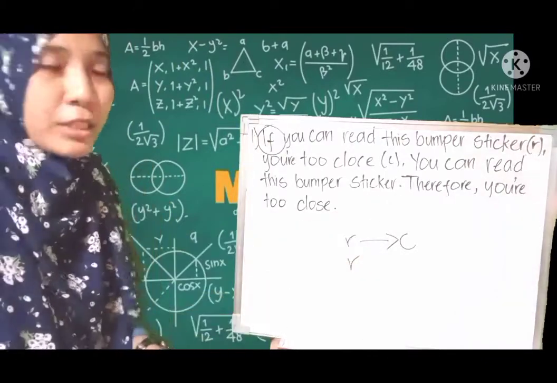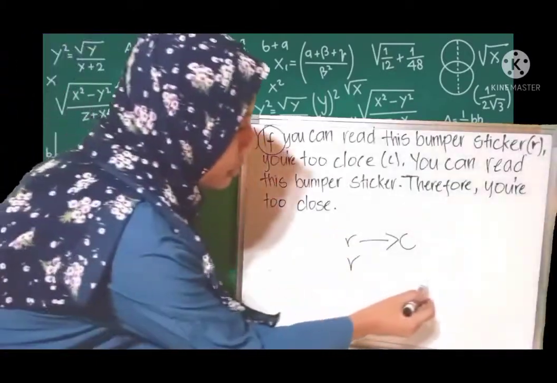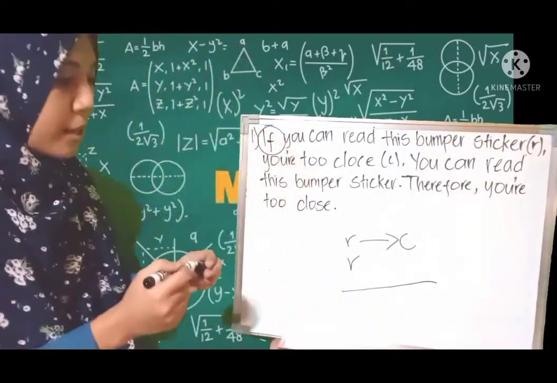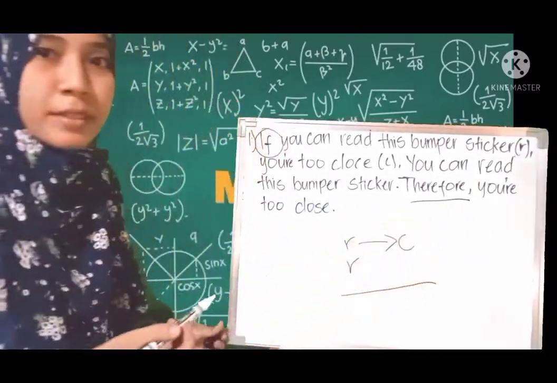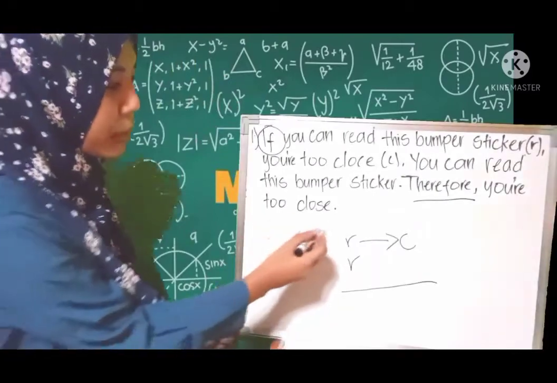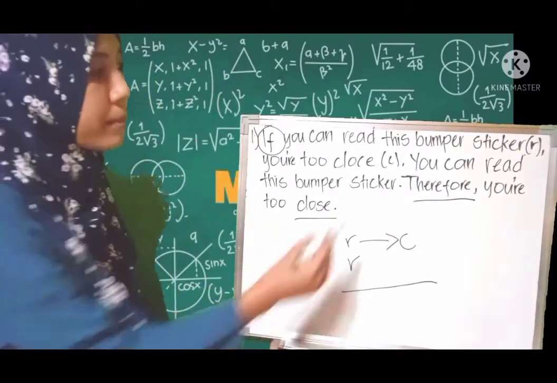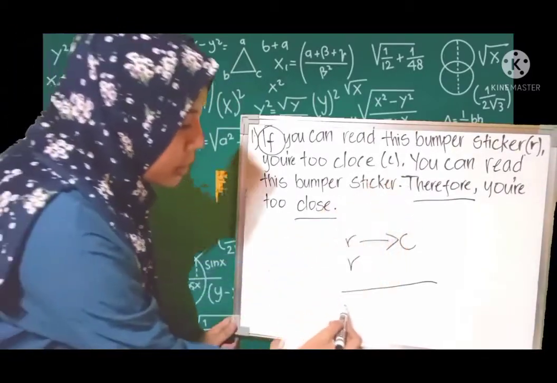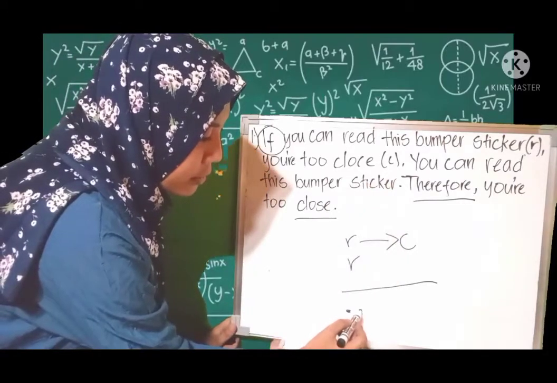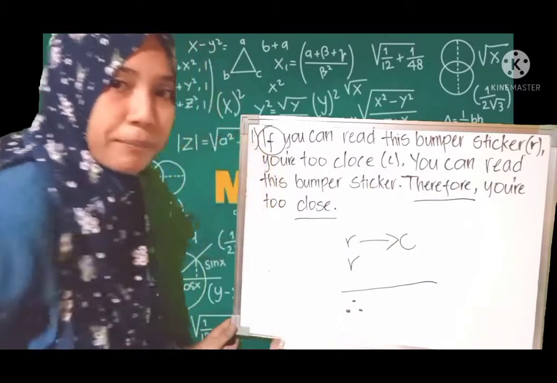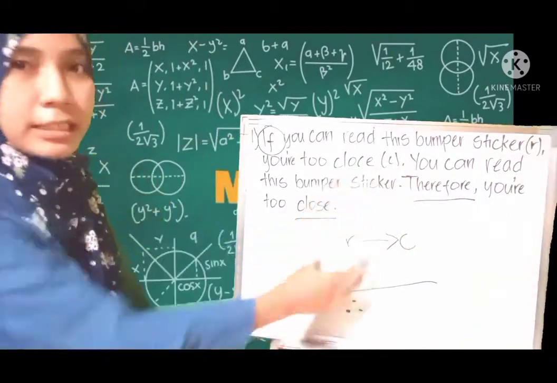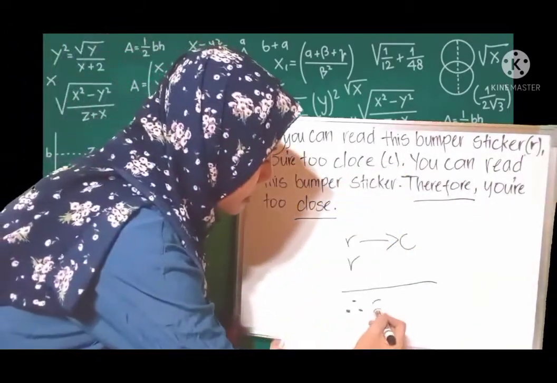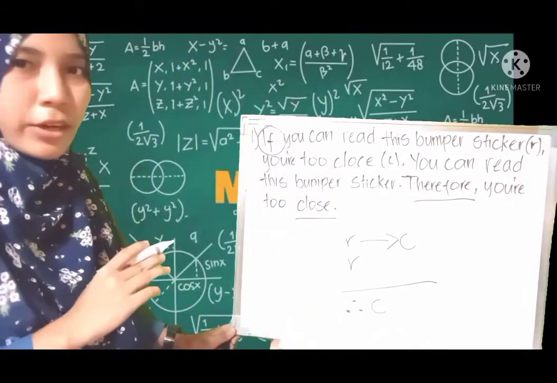Now, let us proceed to the conclusion. Therefore, so ayan na yung therefore. Therefore, you're too close. So, ang pagkuha natin dito is write the tatlong dot sa baba. Therefore, close, nagsisimbolize as the C.